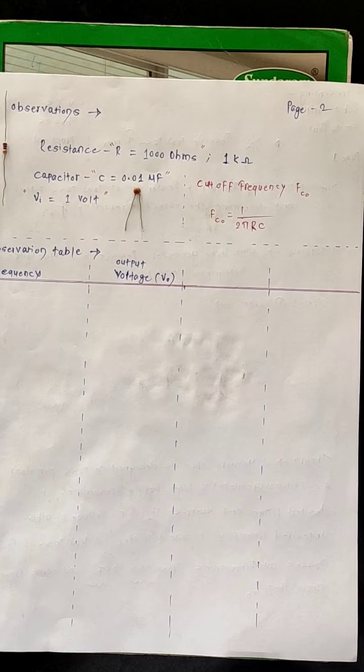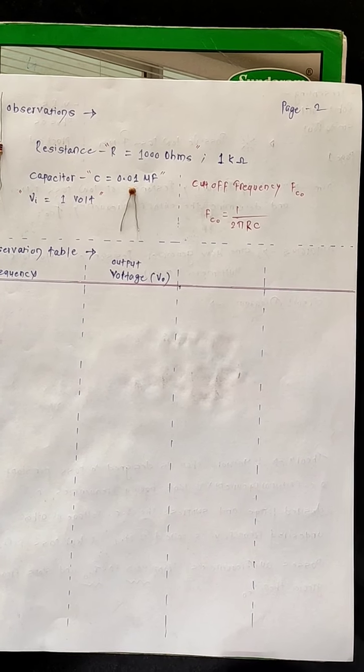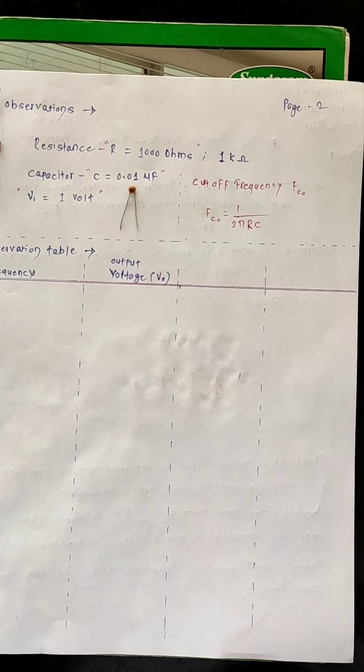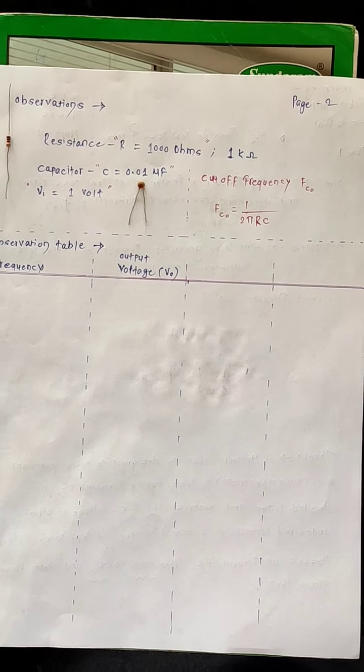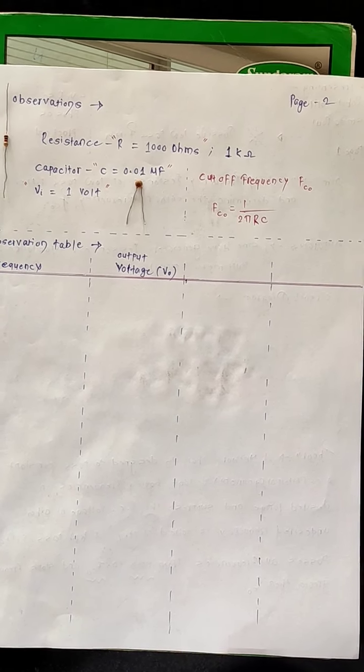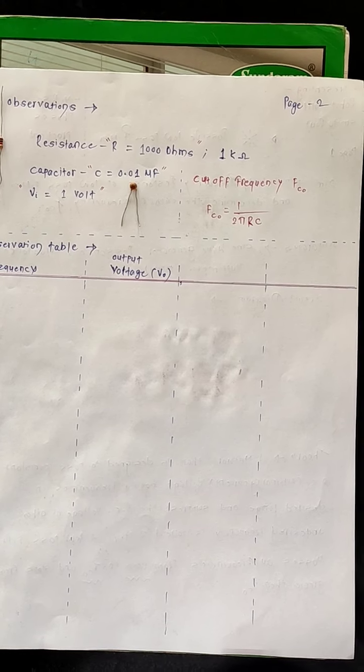By calculating the value of this frequency, we are going to set a limit for our low pass filter, below which it can pass all the frequencies.